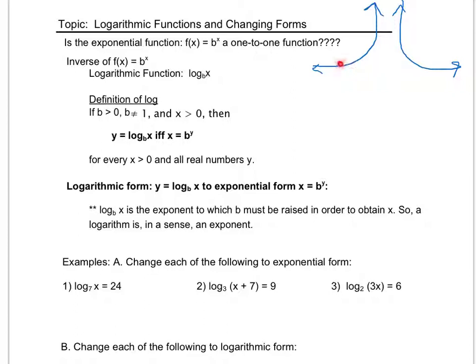So even though it may begin to look like a horizontal line, it's continuously approaching y equals 0, so it isn't actually a horizontal line despite its look.